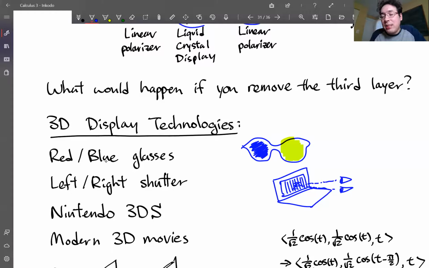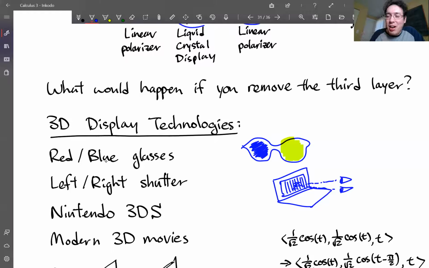The drawback is that you have to be holding it at the right distance. You can adjust how far you're holding it, and it also depends on how far apart your eyeballs are. And it only works for one person, right?